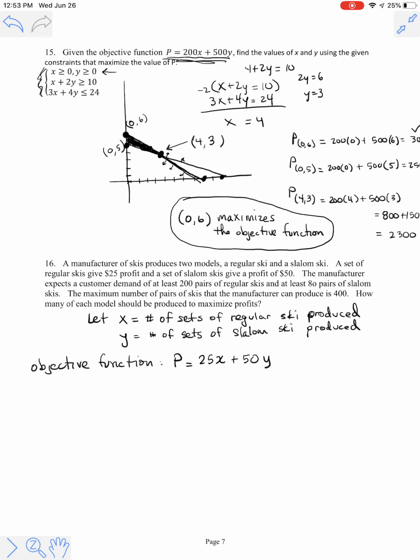Now, since we're manufacturing skis and we can't manufacture a negative number of sets of skis, our first constraint is going to be x is greater than or equal to 0, and y is greater than or equal to 0.